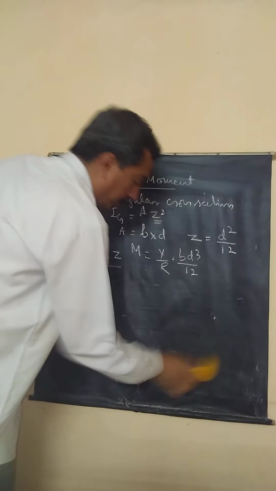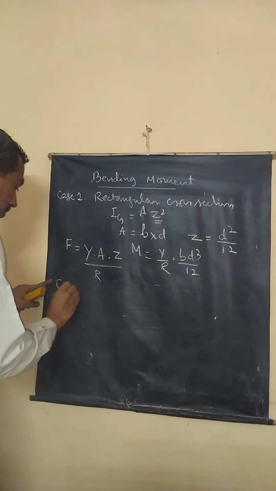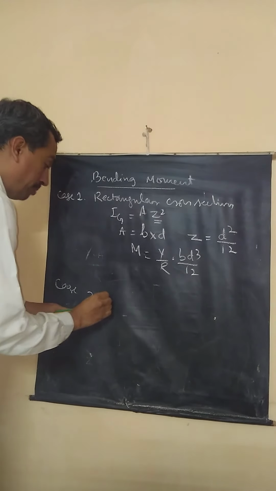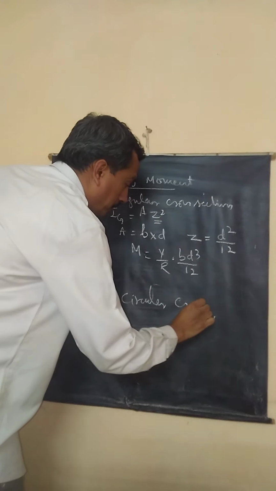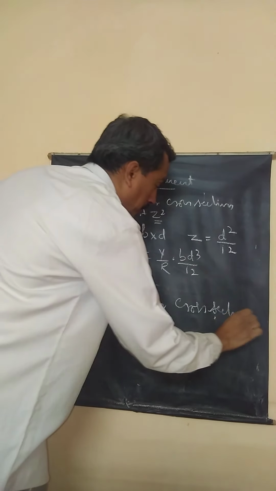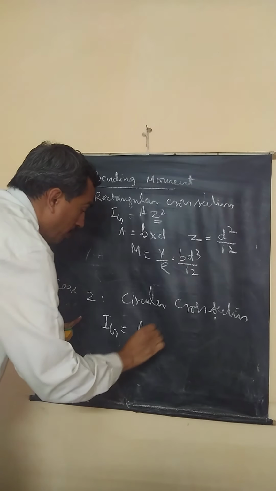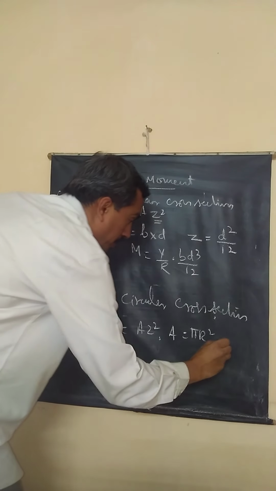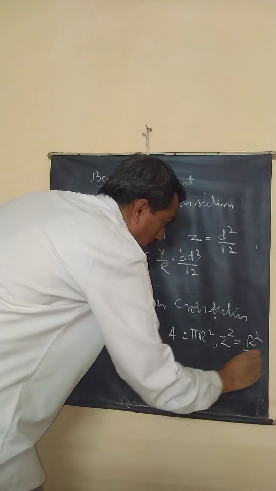Second case, circular cross section. Case 2, if the beam is of circular cross section, then Ig, geometric moment of inertia, is A Z square, area is pi r square, Z square is radius square by 4.